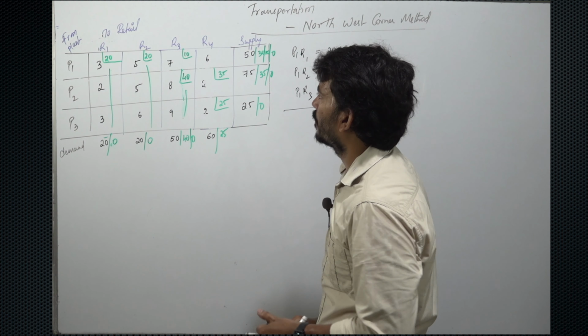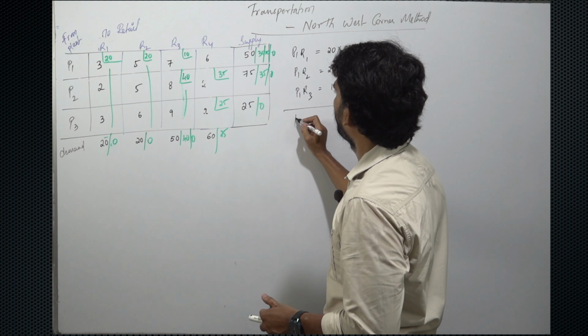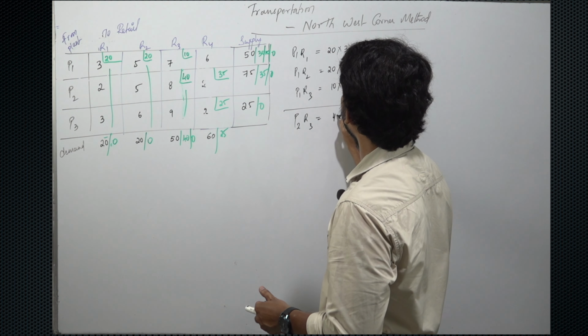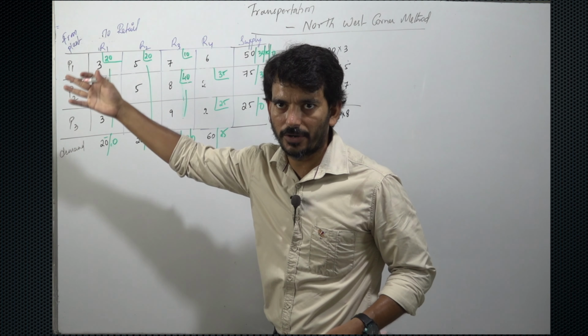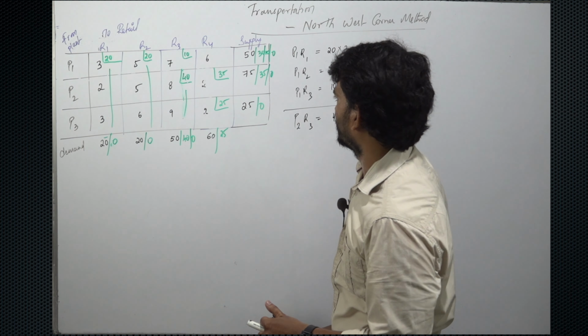That is for plant number 1. For plant number 2, P2 R3 you are giving 40 units at the rate of 8 rupees, 40. I'm just multiplying this, guys: how much quantity you are supplying and what is the rate for transportation.